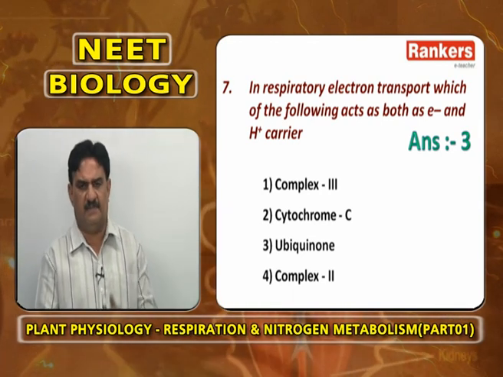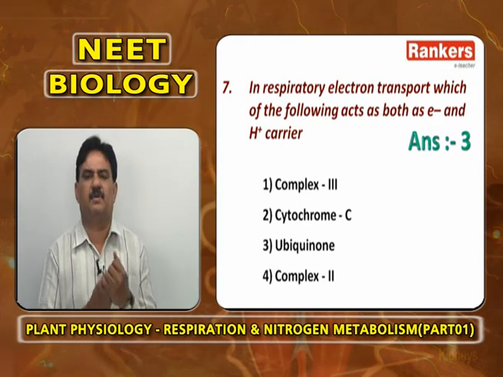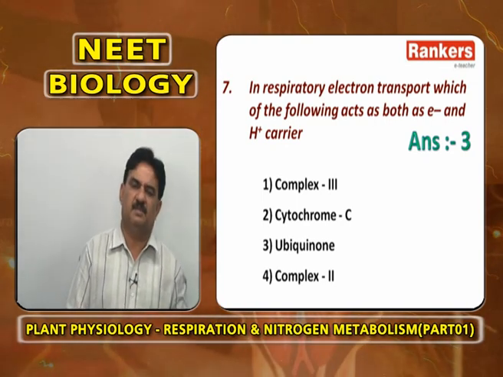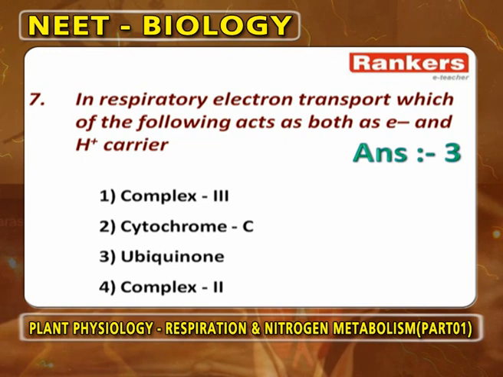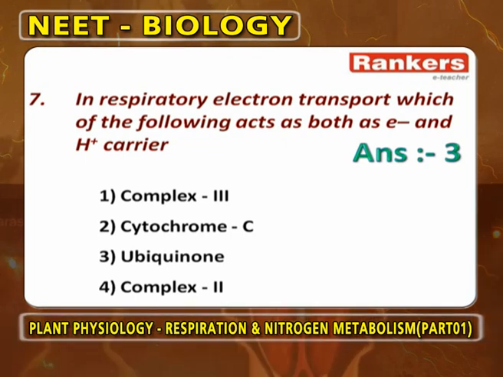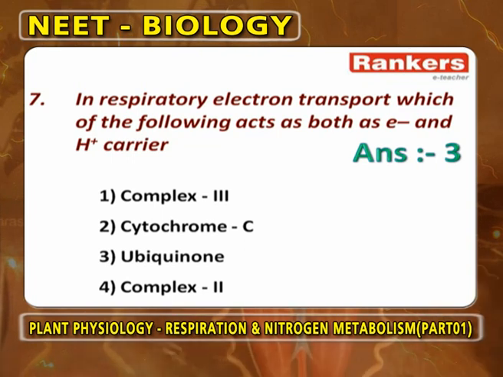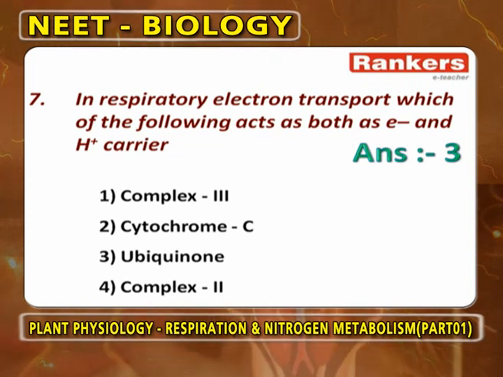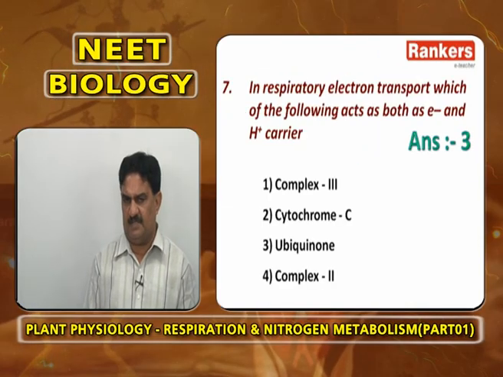Whenever it takes electrons, it takes 2 protons from the mitochondrial matrix. So 2 protons plus 2 protons, 4 protons are transferred from the mitochondrial matrix to the intermembrane space. So in the respiratory electron transport system, what acts as both electron and proton carrier is definitely ubiquinone, because it takes electrons from complex 1 or complex 2.